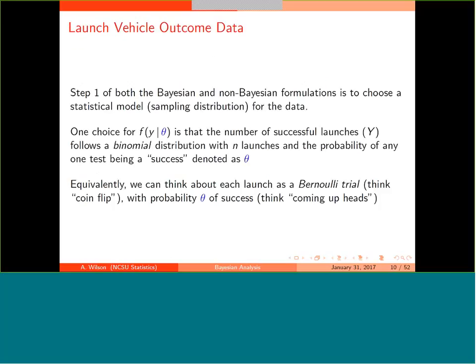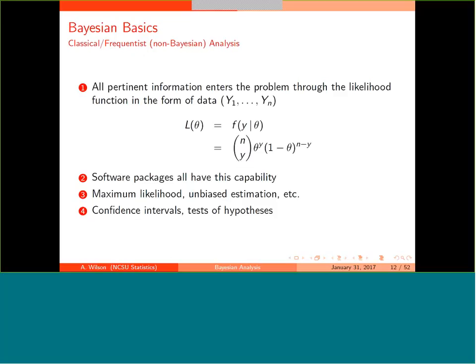And that's fine, because all of your favorite software packages have the capability to do this problem. There are different ways to think about the estimate, although they all lead you to about the same place. And it's very straightforward to understand the uncertainty you have based on that estimate and to test hypotheses. So for example, do we think that theta is bigger than 70%? All of that is pretty straightforward.